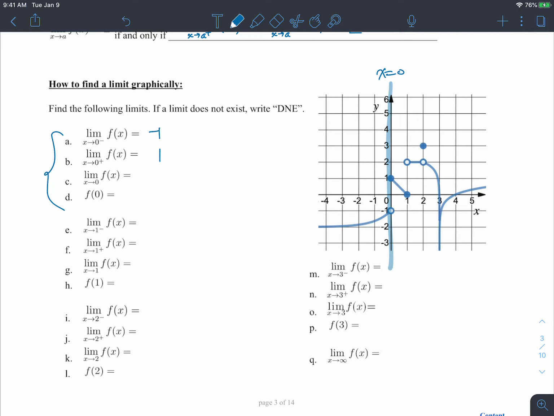Because they are different, the limit does not exist: the limit from the left, which is equal to -1, is not equal to the limit coming from the positive side, which is equal to 1. And f of 0 at that point is 1.